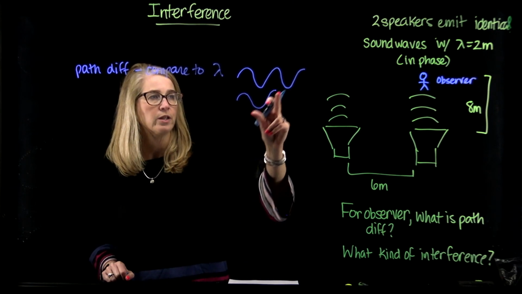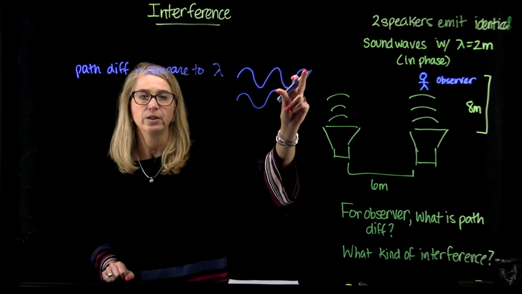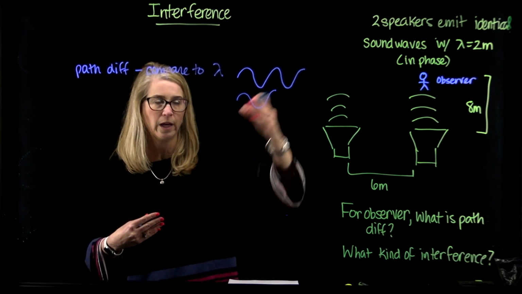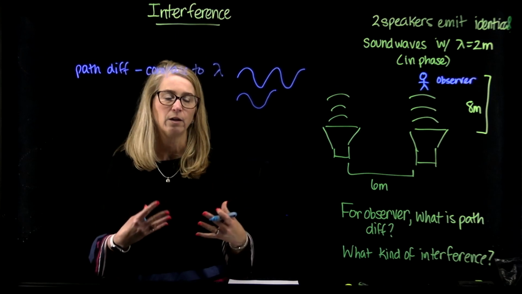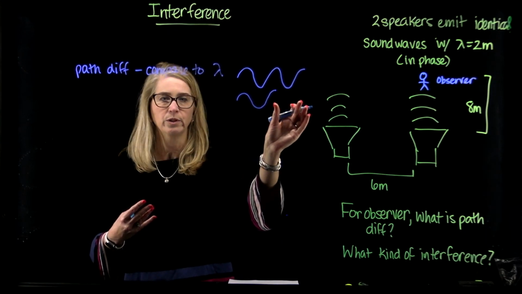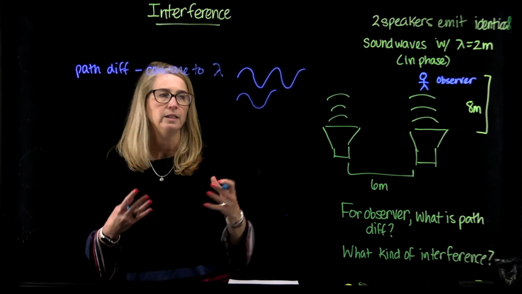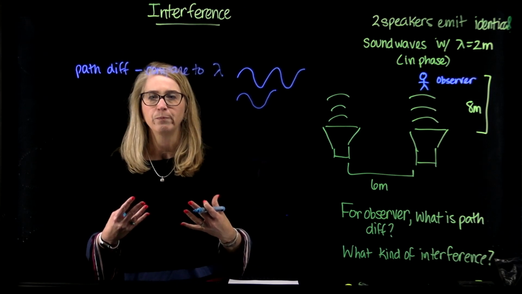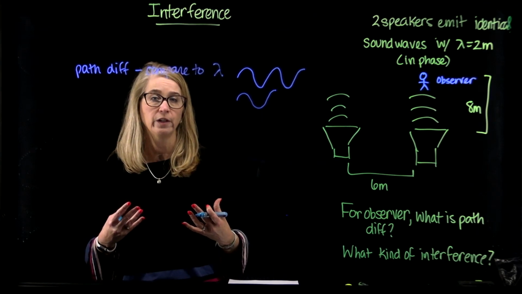But notice that they both are at the same location in their oscillation. That is, they're both at a crest when they arrive. And so it might make more sense if I displace this and put this over here. But the idea is that when they arrive, they reinforce each other, and so we would have constructive interference.